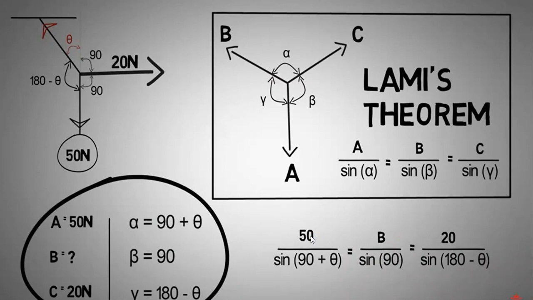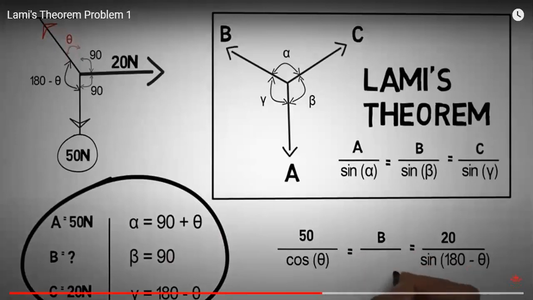Let us use some trigonometric relationships here. Sine of 90 plus theta is cos theta. Sine 90 degrees is 1.